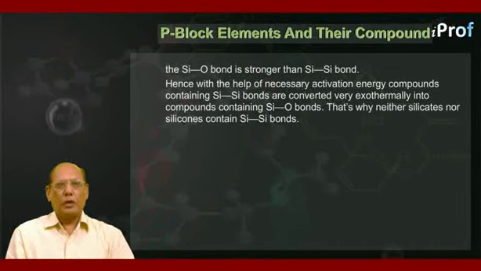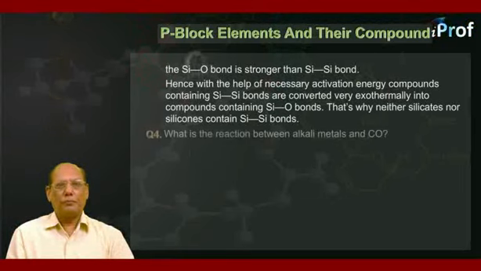Hence, with the help of necessary activation energy, compounds containing Si-Si bonds are converted very exothermally into compounds containing Si-O bonds. That's why neither silicates nor silicones contain Si-Si bonds.